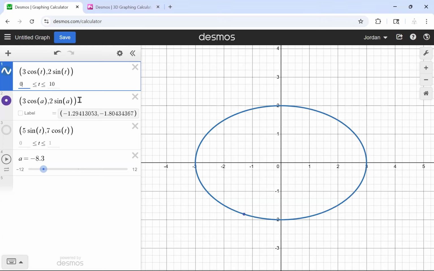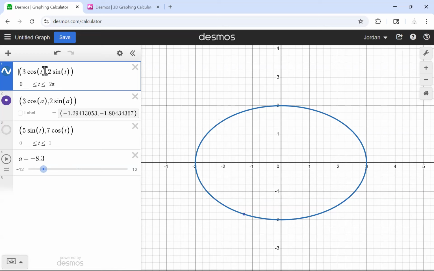Again, if you go from like 0 to just 1, then you only get part of the ellipse that I'm looking for. If you wanted to go a full rotation and just have one rotation, you let t range from 0 to 2 pi. Again, there will be a companion video on how to do this using the TI-84. It works a little bit differently.